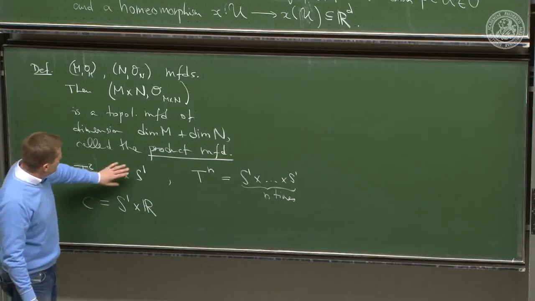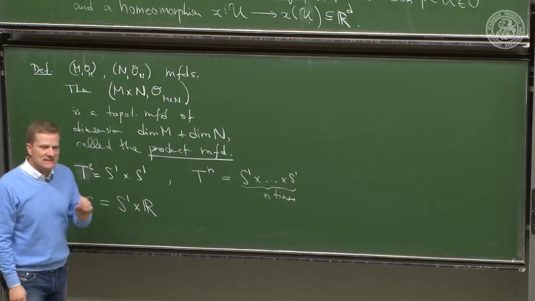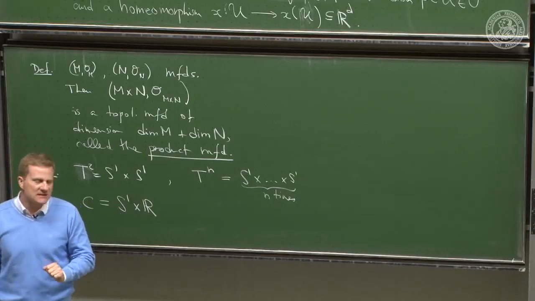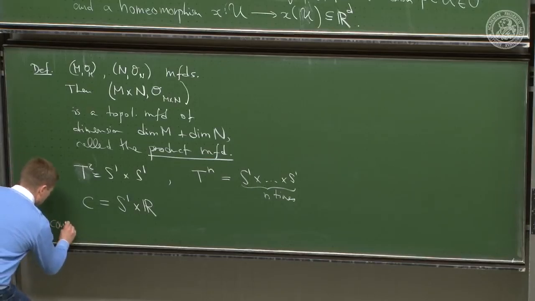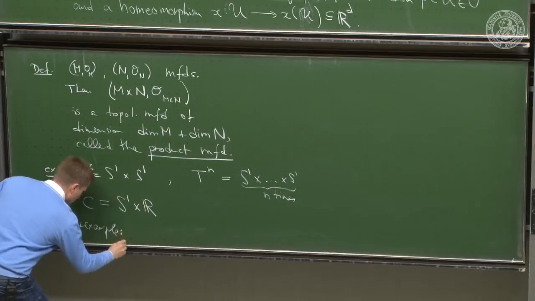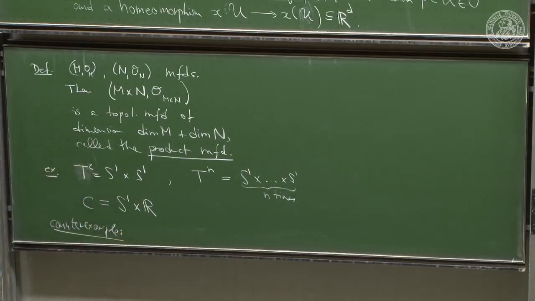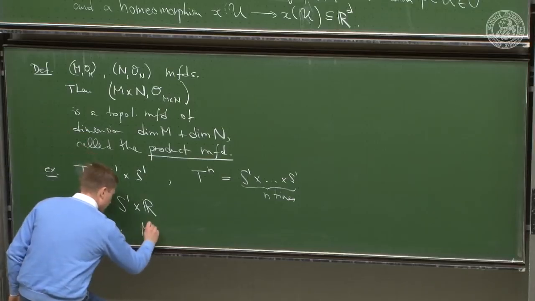Now, it turns out that taking the product is a good thing, but it's somewhat too restrictive. It's a little too special. And for instance, we have a counterexample, and that would be the Möbius strip.